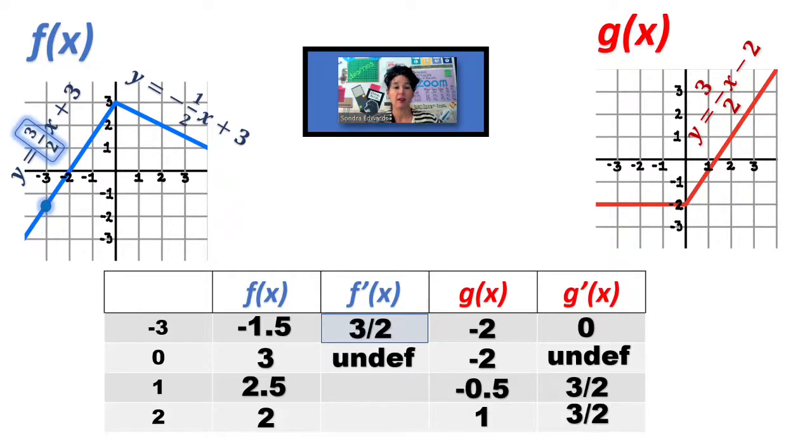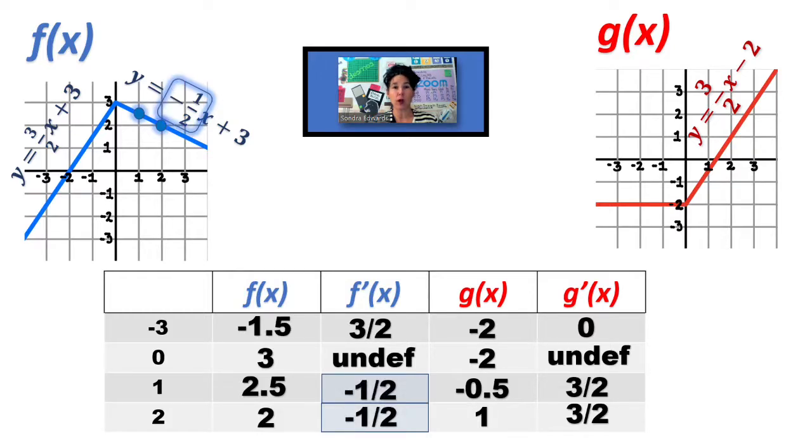Okay, then evaluating f prime at 1 and at 2, we can do those simultaneously, because at x equals 1 and x equals 2, these points are on the same line there. And so the derivative at those points is the slope of the tangent there. And the slope of a tangent to a line is the same as the slope of the line. So we get -1/2 for both of those.